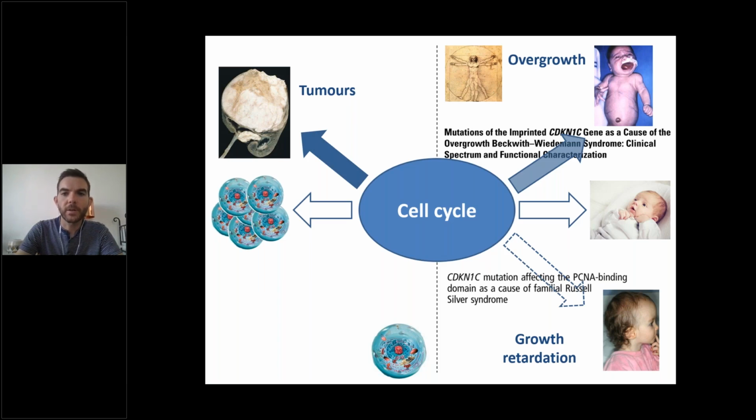For example, I have been especially interested in studying the gene CDKN1C, which is a direct regulator of the cell cycle. We identified mutations in this gene in overgrowth conditions, but also in growth retardation.